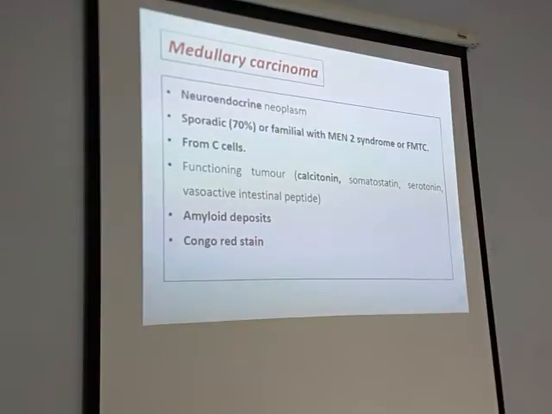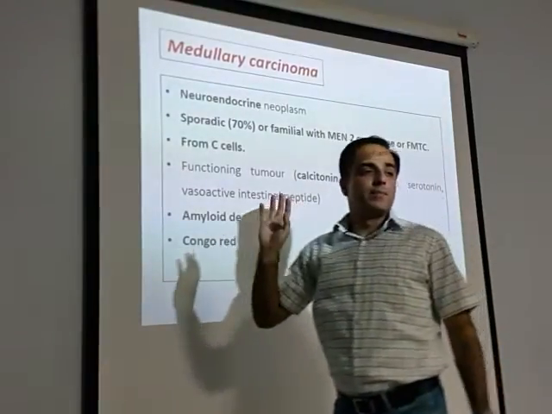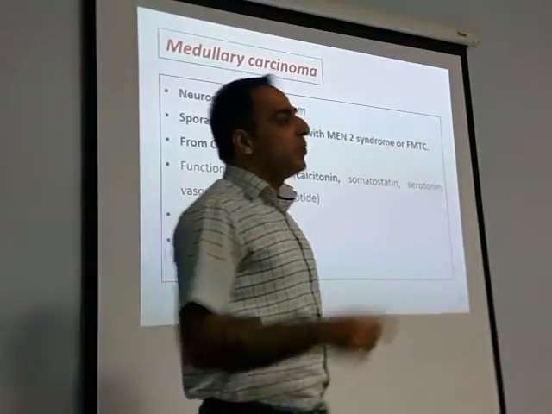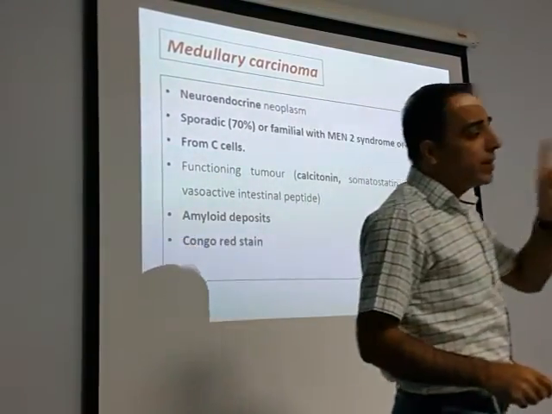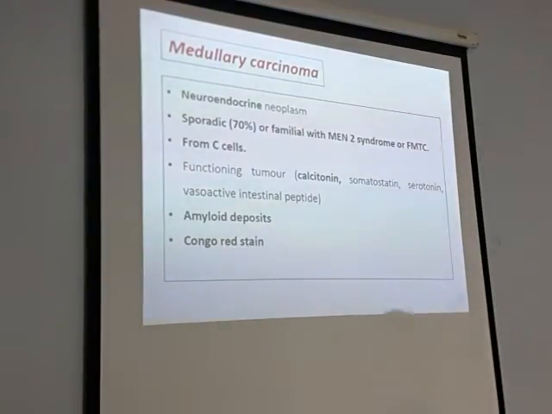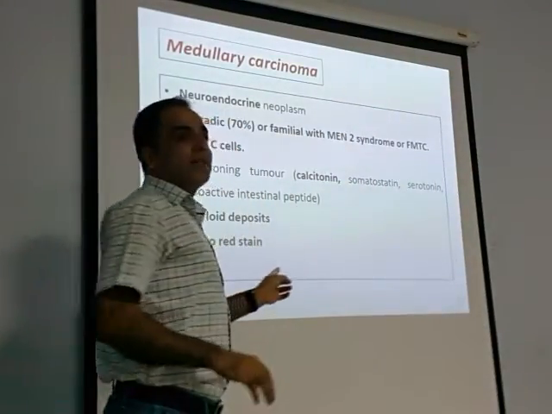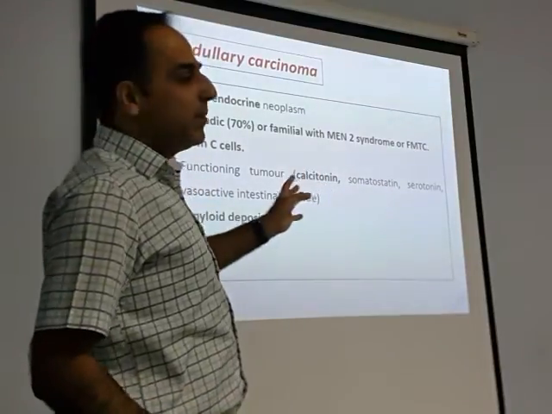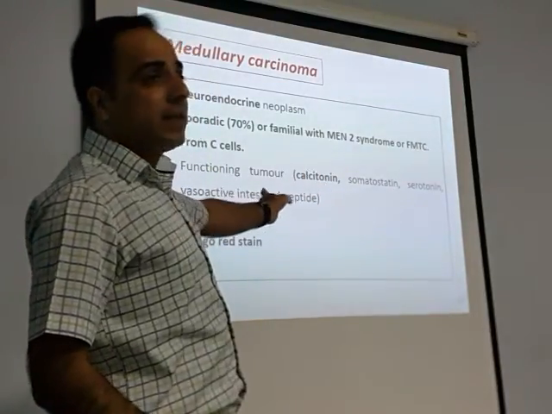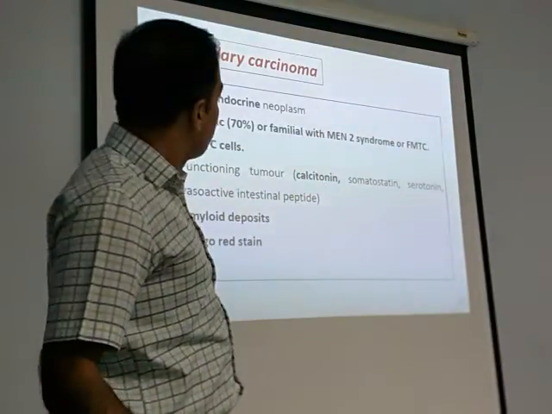In the tumor, you have the amyloid deposits. How you detect these amyloid deposits is by Congo red stain. So medullary carcinoma can be diagnosed by a special stain. Congo red stain is used for diagnosing the medullary carcinoma because it can stain the amyloid.